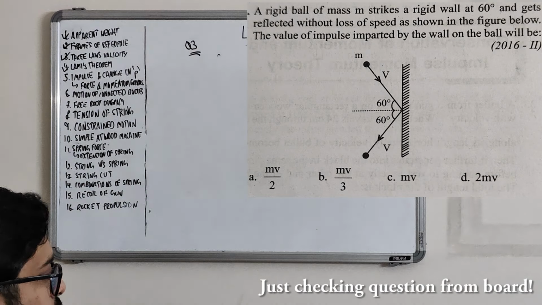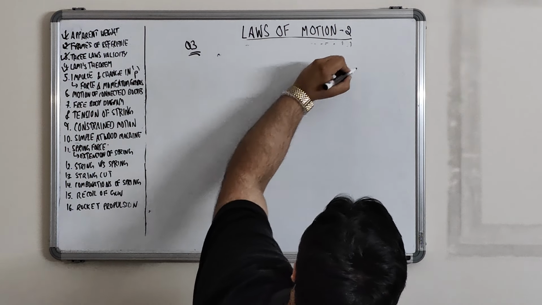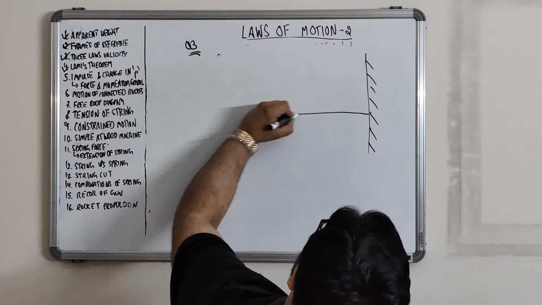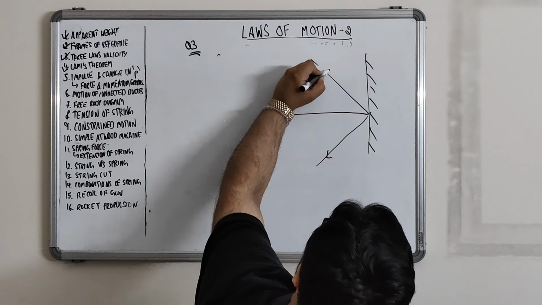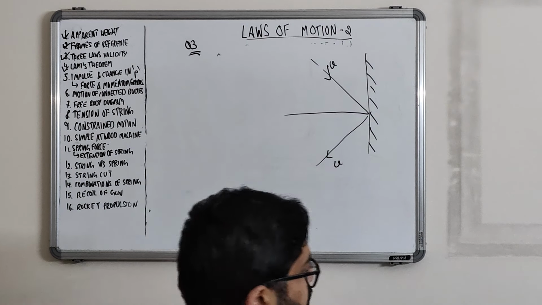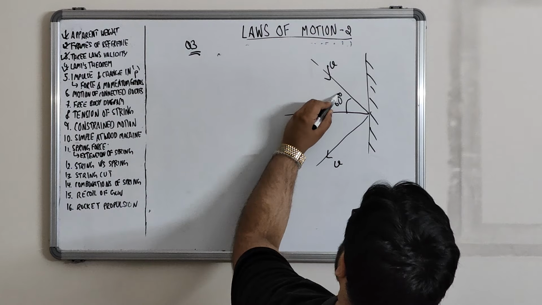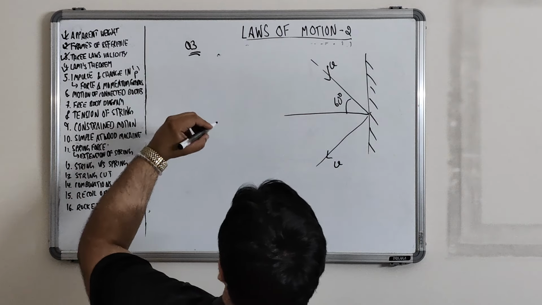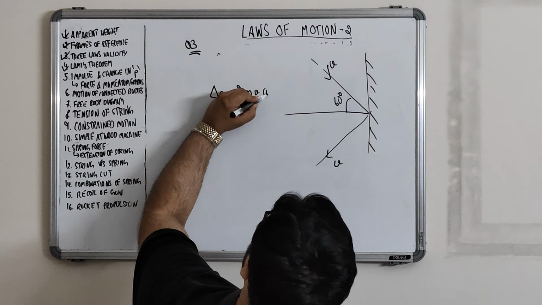has two parts, so it's combined. It's the same thing, a ball of mass m. It collides with the wall without losing velocity, so v and v, right? And the angle with the normal is 60 degrees. So magnitude of impulse is nothing but delta p, which will be 2mv cos alpha.